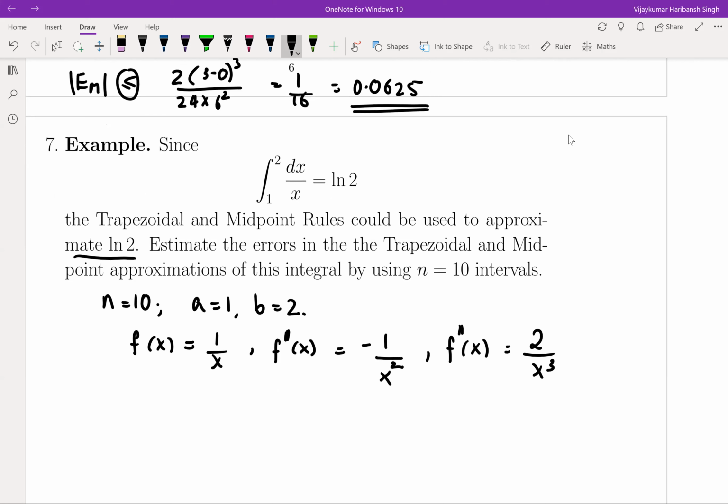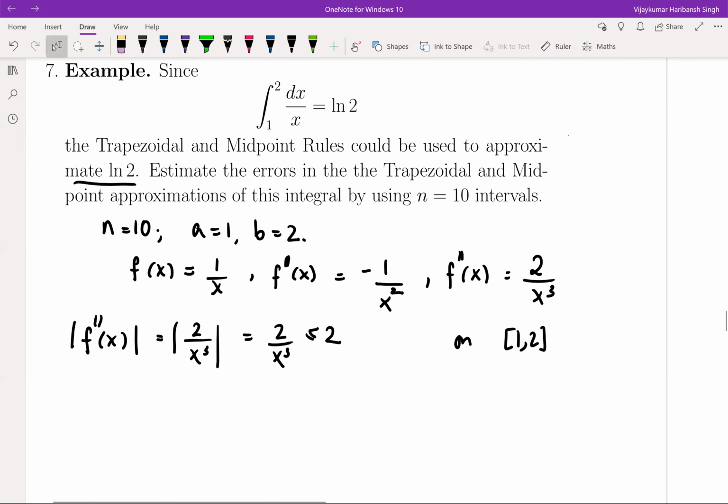So now what is your k? f double prime x is 2 over x cubed, which is positive, on 1 to 2. Now think about on 1 to 2. This is a decreasing function, so it is again bounded by 2, right? Why?